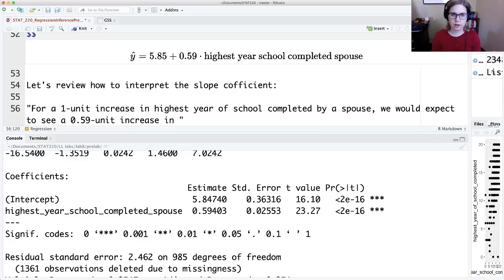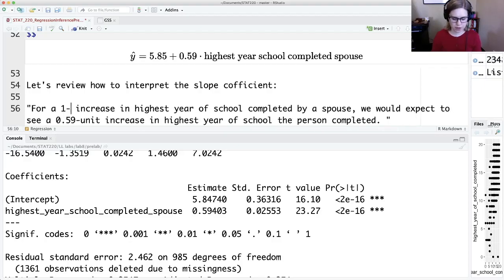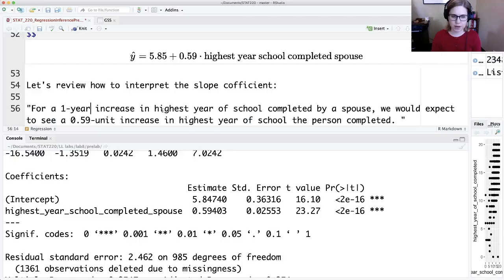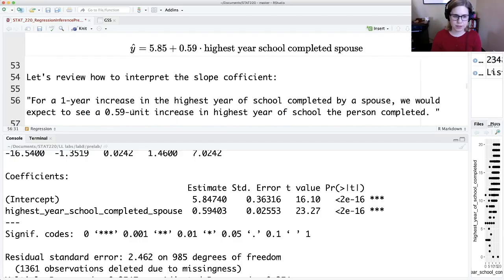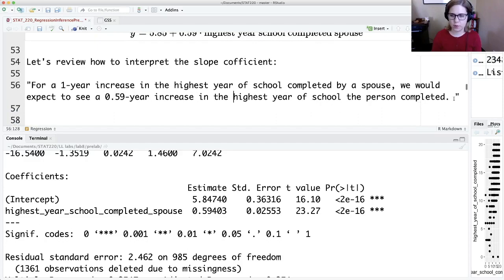Increase in the response variable, which is the highest year of school the person completed. So, and I should put in the units. I think the units are years. So for a 1 year increase in the highest year of school completed by a spouse, we would expect to see a 0.59 year increase in the highest year of school that person completed. So that would be my interpretation for the slope coefficient.